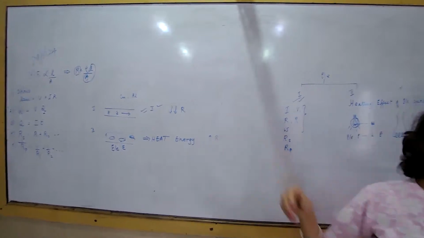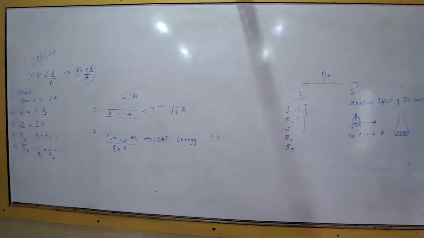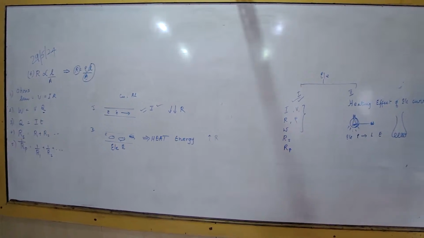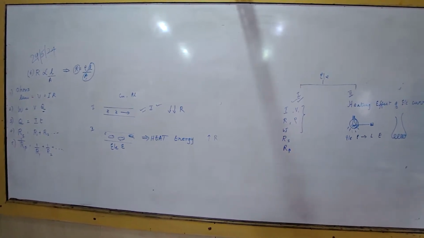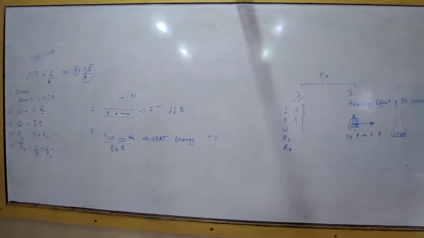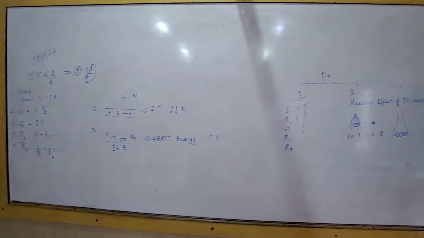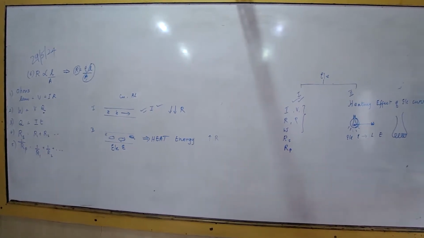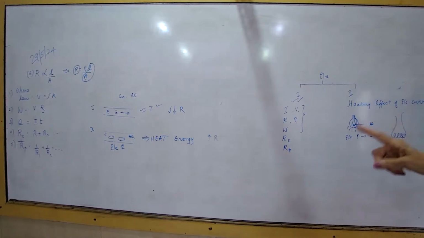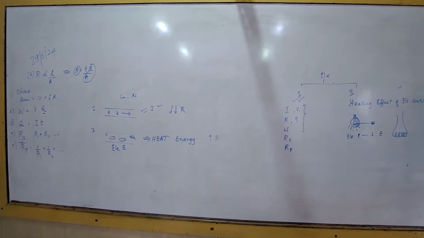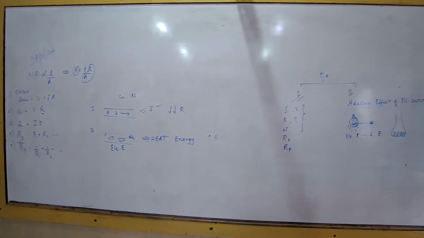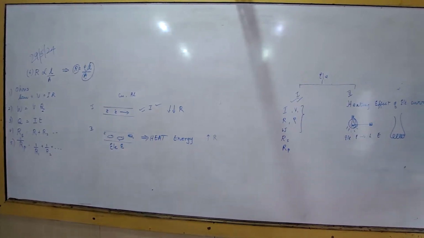And the bulb is working on the heating effect of electric current. Is that okay? See how we are connecting. You will not have an answer like in history books or something of that sort, from this para to this para. No. We have to learn to connect whatever we have learned. Is that okay? Yes or no?